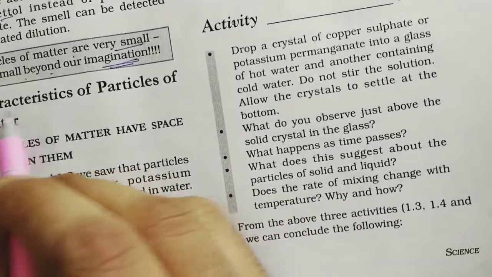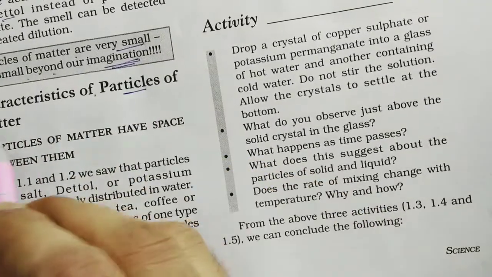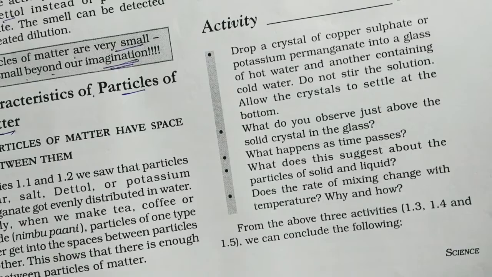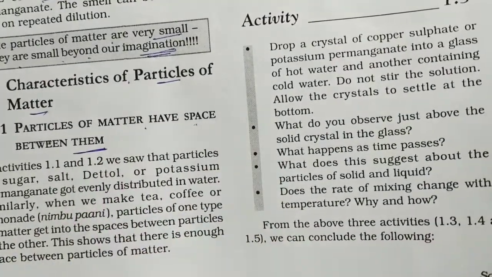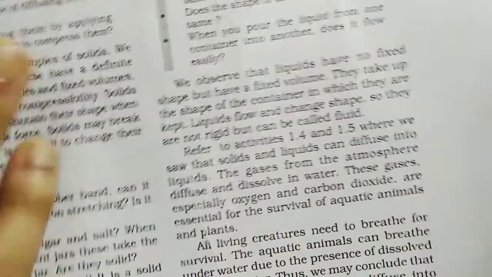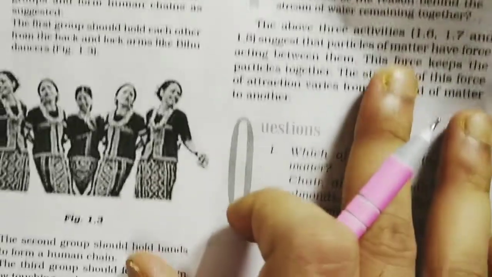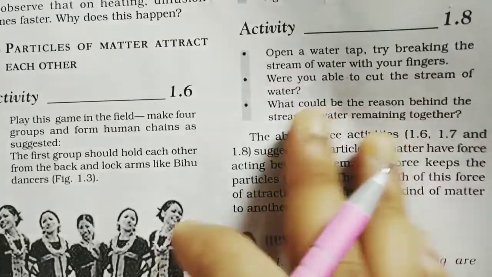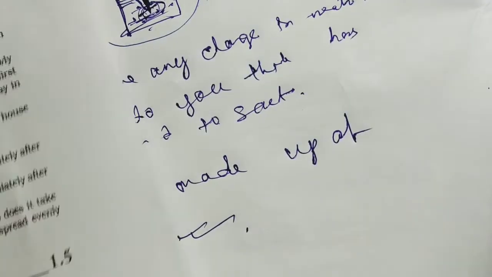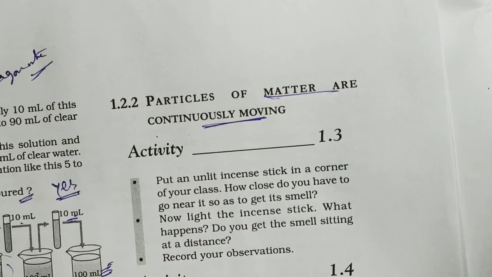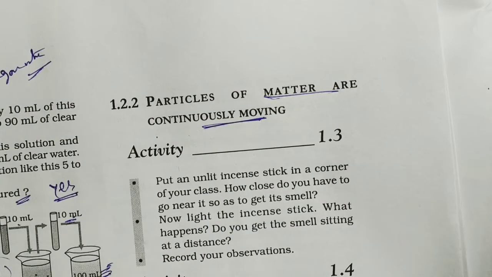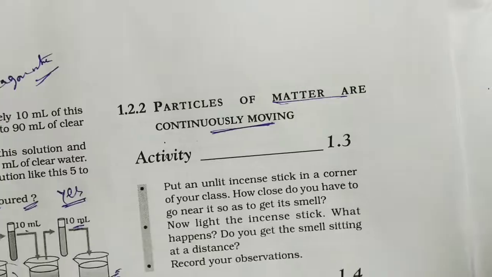Now the characteristics of particles of matter. The first characteristic is that particles of matter have space between them. The second characteristic is that particles of matter are continuously moving.